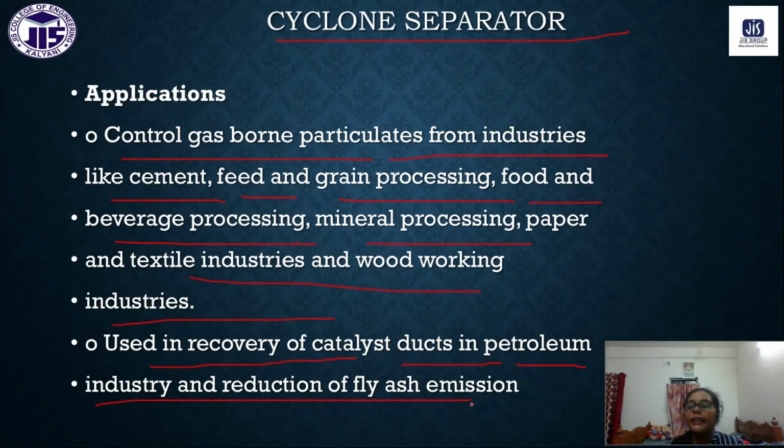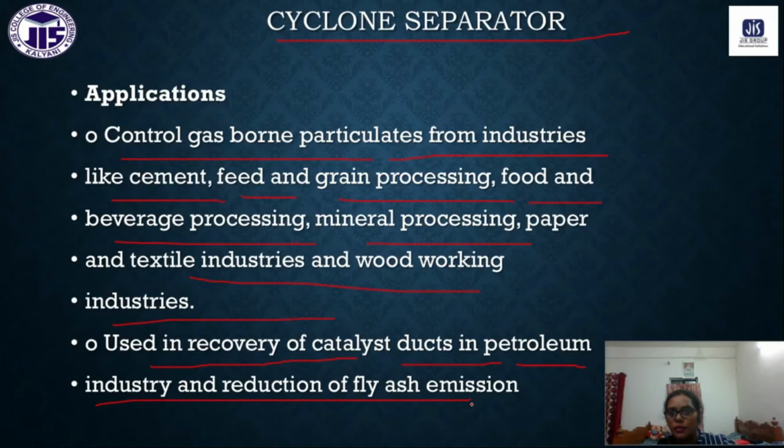Nowadays some industries are working on this, and there is a lot of research going on to reduce the emission and to reuse the fly ash. Generally this fly ash is used in building roads.